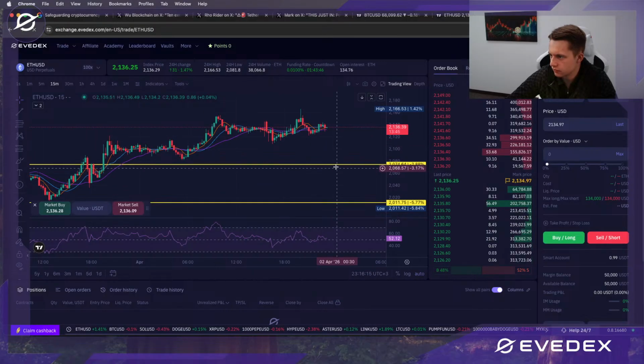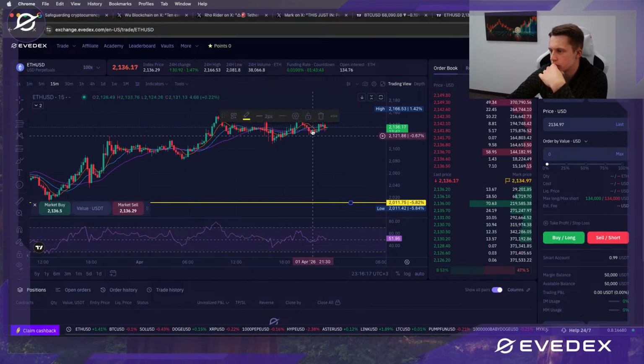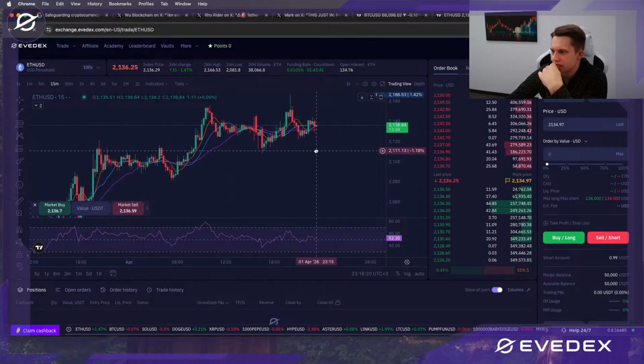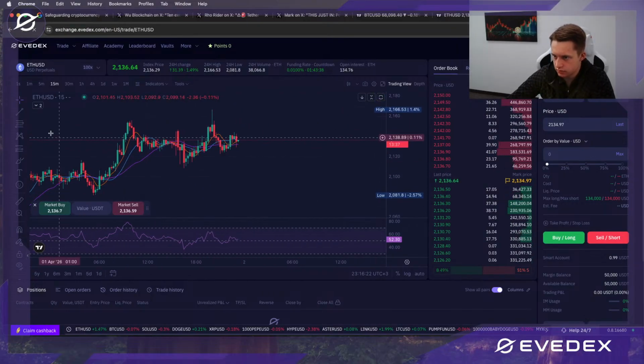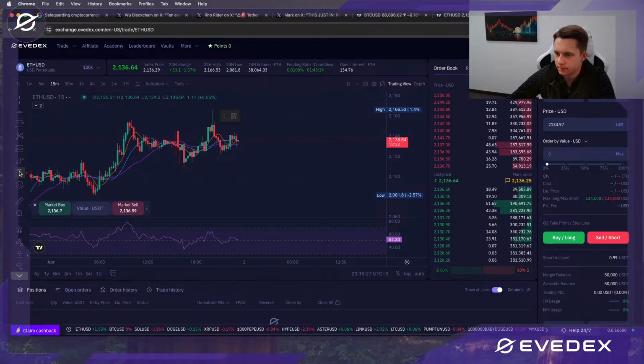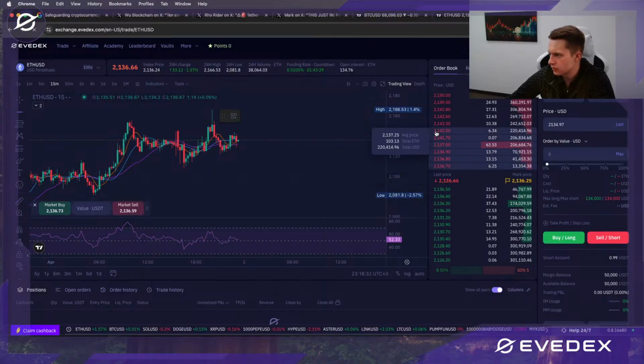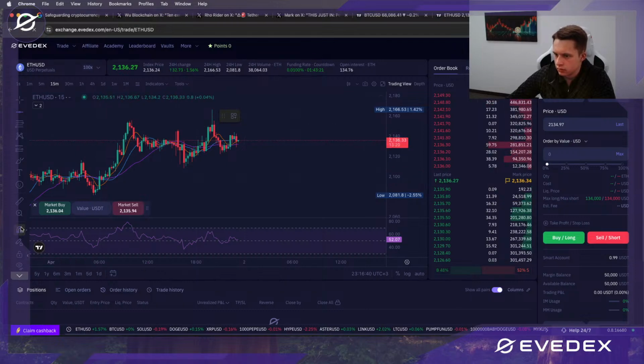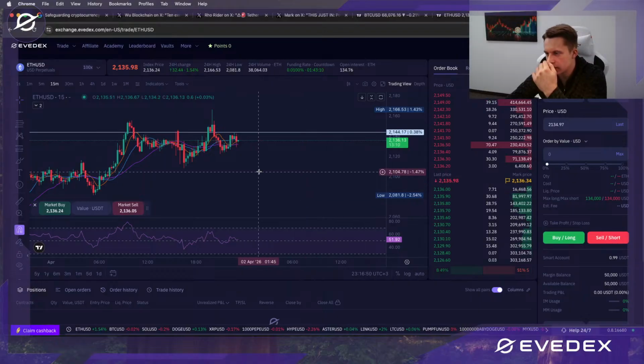So, first off, we will try and look for some support and resistance levels, just to kick things off. So, we'll get the thingy out. That's kind of the only level we currently have.